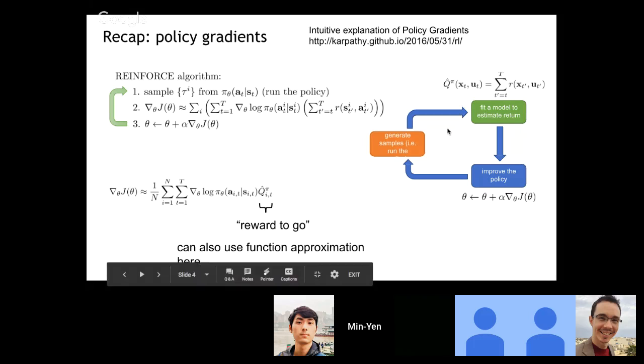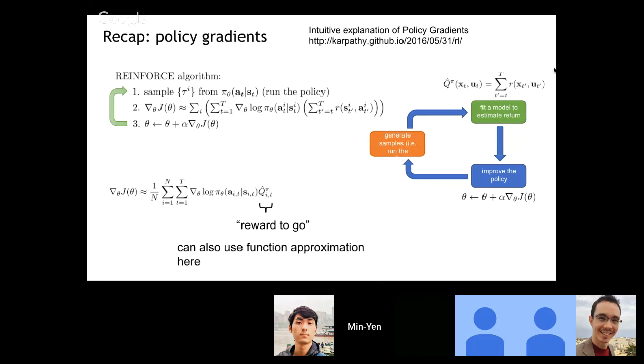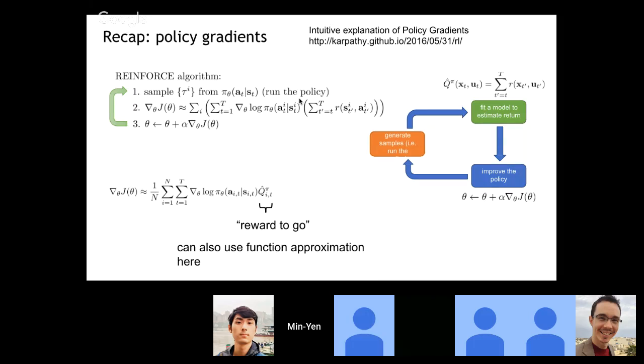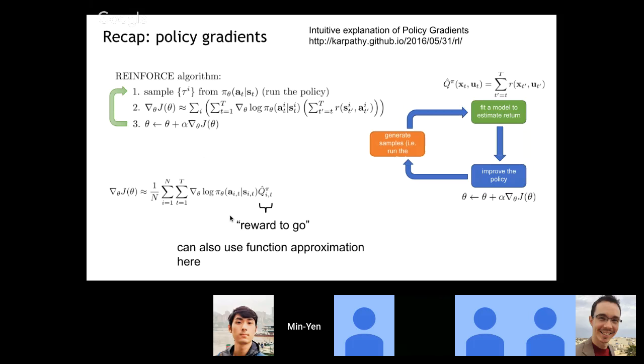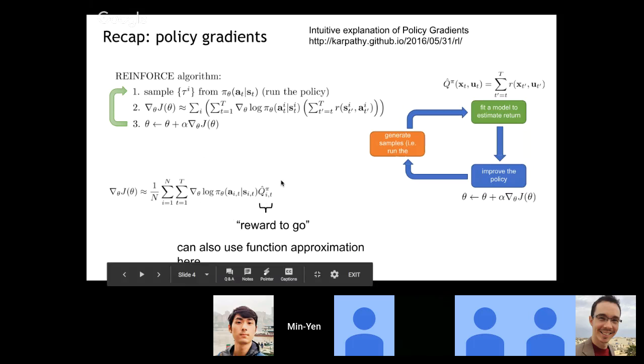So essentially, we're talking about this model on the right here. We have 3 steps: generate samples from our policy, fit a model, and then try to improve the policy. We can simplify this down to the approximation we discussed previously, where we have grad log pi, where pi is a distribution, and then the reward to go.